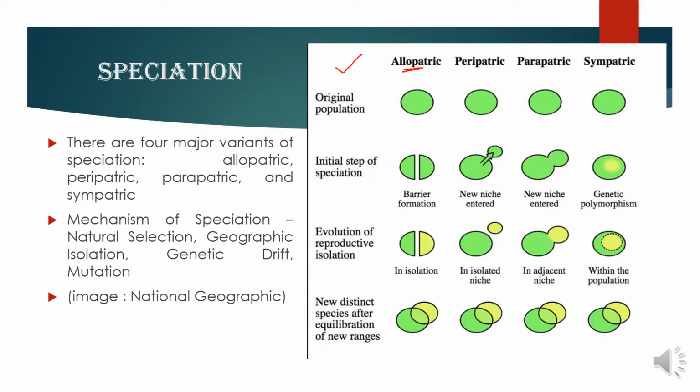So let's come to the first diagram, where we see that there is a species and it has a barrier. This barrier can be a geographical barrier, for example the continental plates.